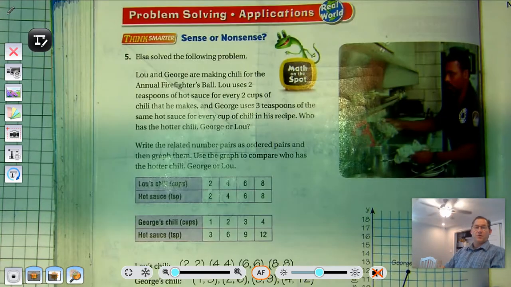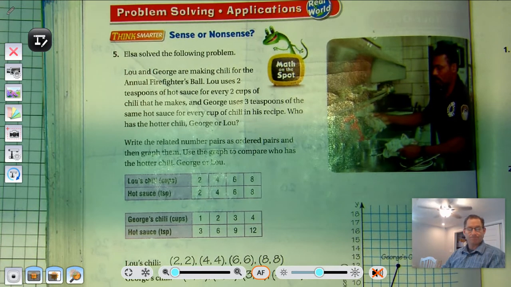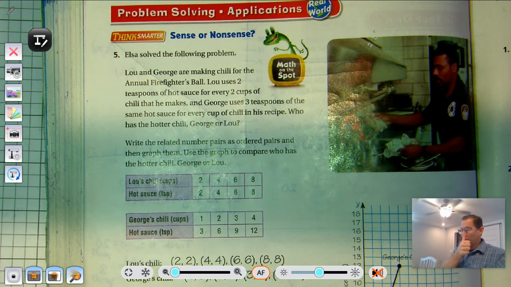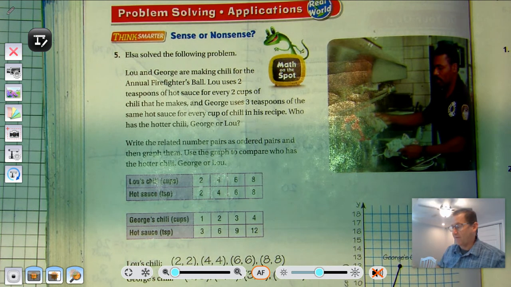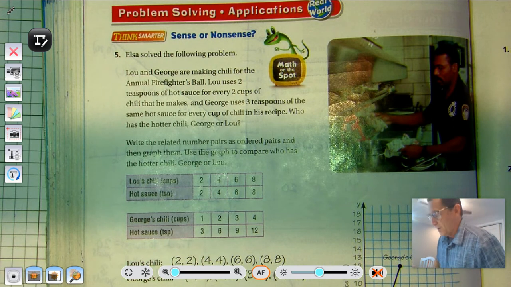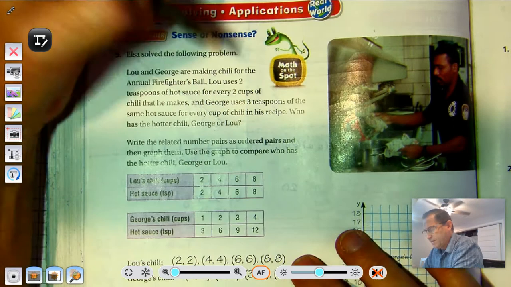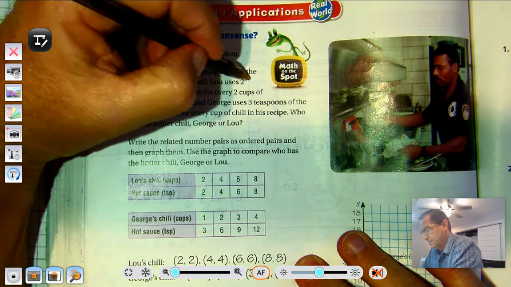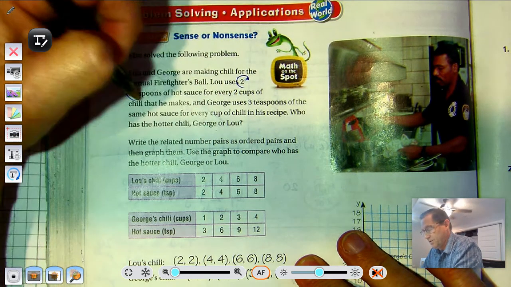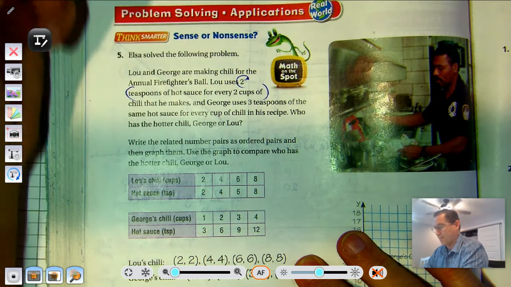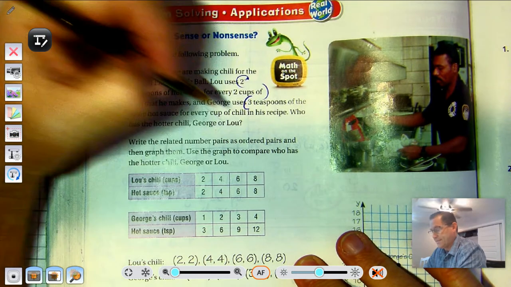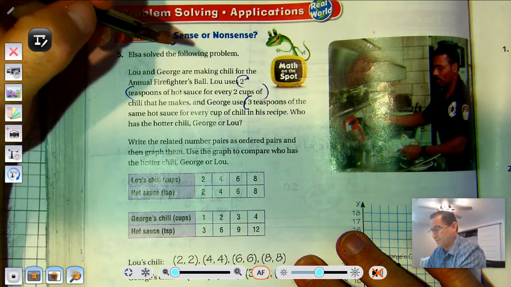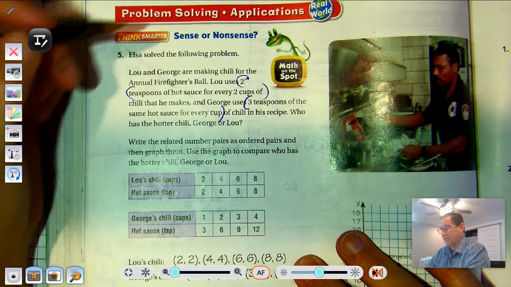All right, Elsa solved the following problem. Lou and George are making chili for the annual firefighters ball. Lou uses 2 teaspoons of hot sauce for every 2 cups of chili. And George uses 3 teaspoons for every cup of chili in his recipe.